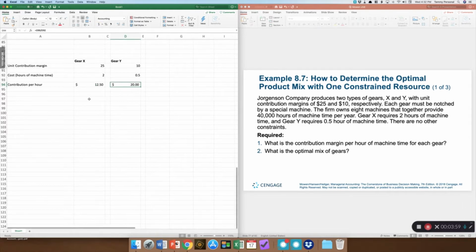So just from eyeballing this, if you've got a limited number of hours that you can run that machine, right, you can only run 40,000 hours a year.